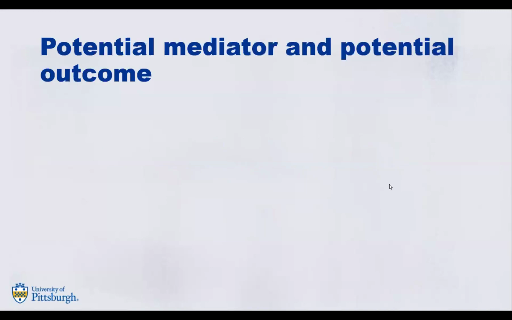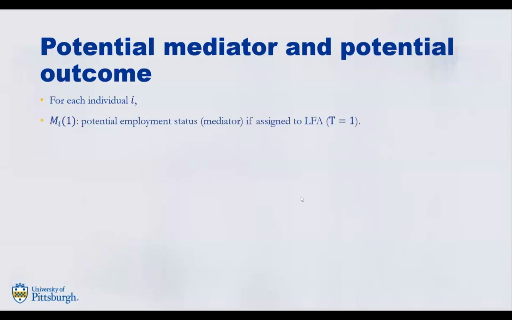So we're going to define the potential mediator and potential outcome first. For each individual i, we define the potential mediator as a function of the treatment. So M_i(1) indicates potential employment status, which is the mediator in our example, if i was assigned to the LFA group, that means T equals 1.